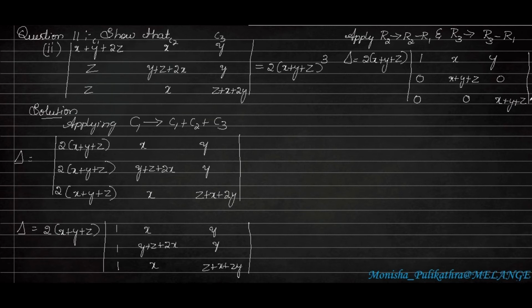So what happened? 1y and 1y get cancelled, and here 1x and 1x get cancelled. So this is the remaining term after that.